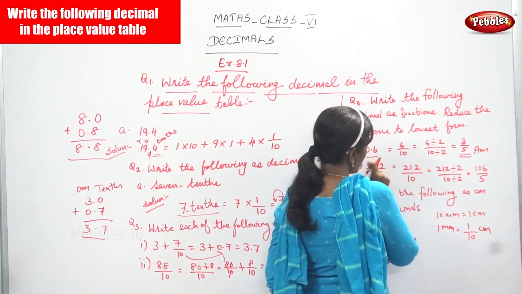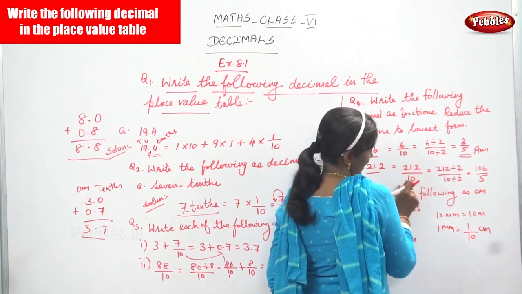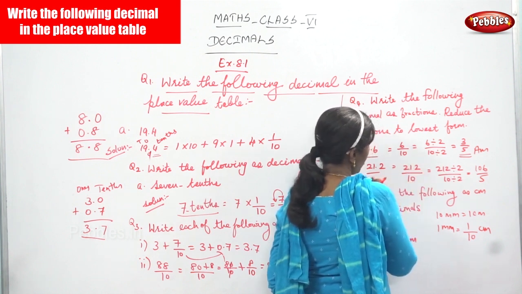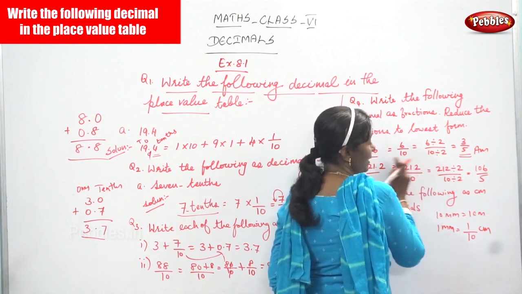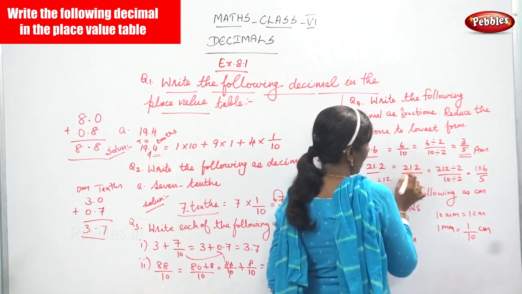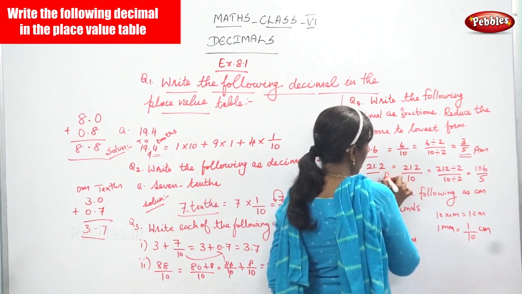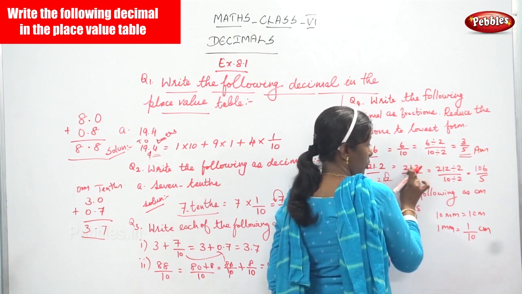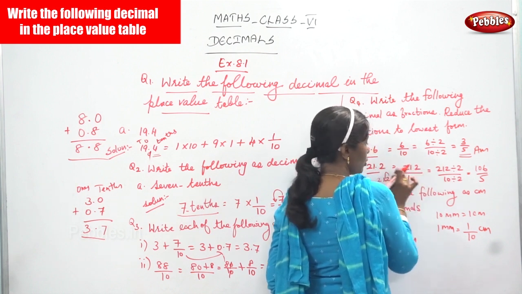So 212 is a whole number, and this whole number is divided by 10, then only you get 21.2, because from left to right you have to move only 1 point. If it is 212 and you divide by 10, this 2 is moved to this side, so the point comes after 21. After 21 you put the point, then you write the 2.